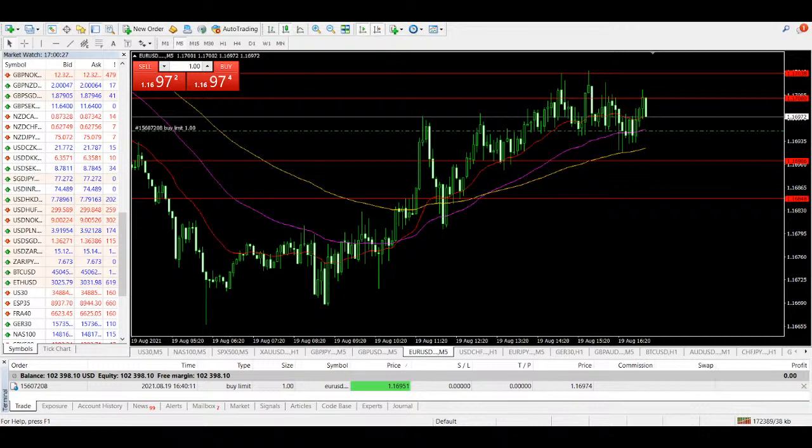But the issue is that the majority of people, from what I can see, who use SMC are not well versed in it. They're making a lot of mistakes and they're overtrading. So the probability of success kind of balances evenly.